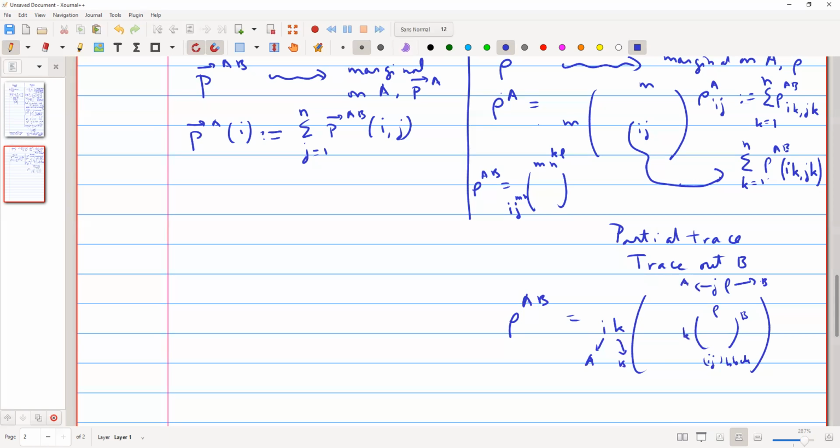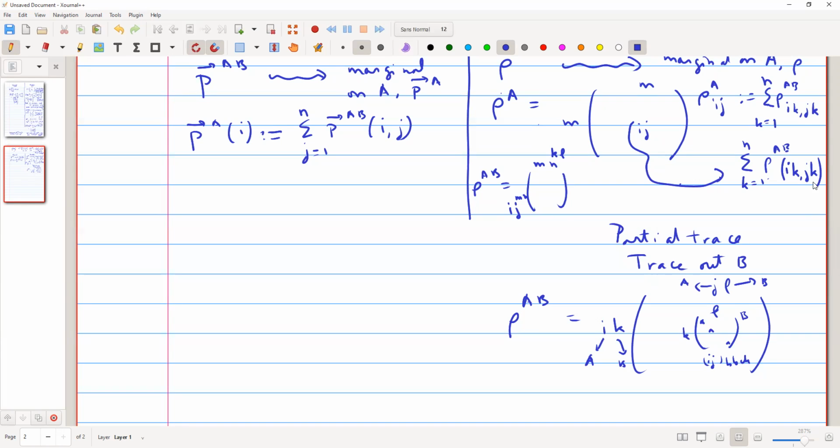So when I fix the ijth block, I fix the row and column index for the system A, but the row and column index for the system B is allowed to vary. So kl is out there. These are B indices. This part of the block is acting on the system B. And what I'm doing is taking the trace within the block, adding up the diagonal elements. That was this ik, jk.